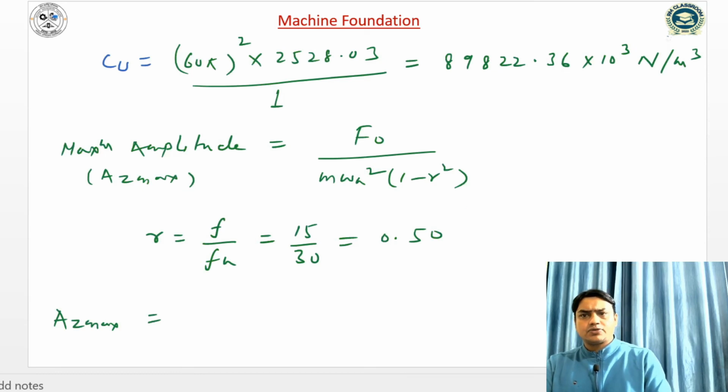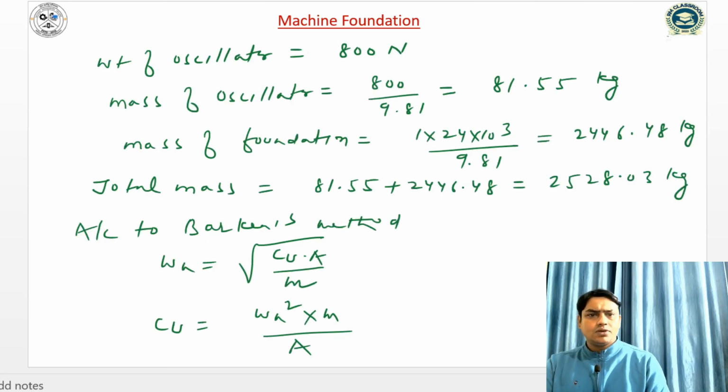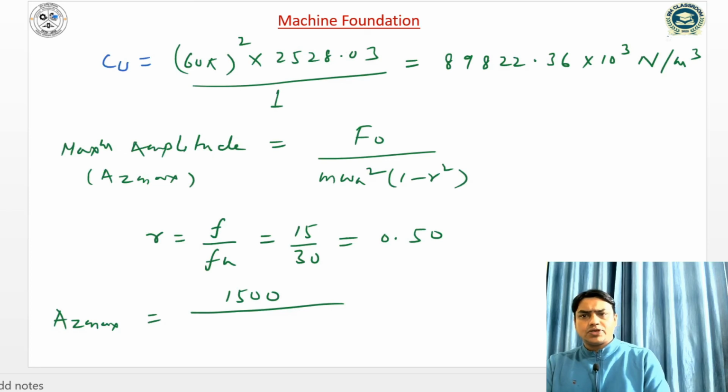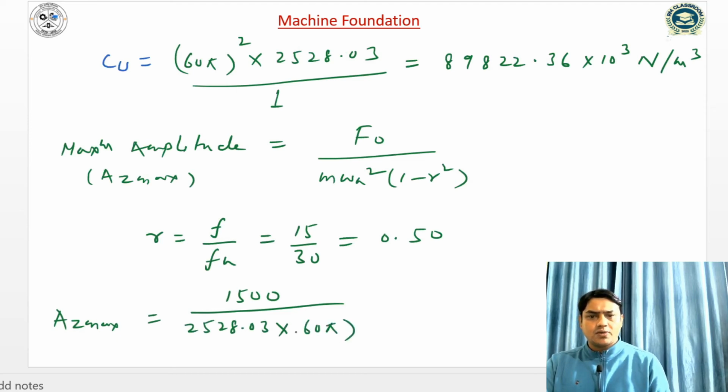So Az max is equal to unbalanced force, which is 1500 Newton. So 1500 divided by mass, 2528.03, into omega n square. So 60 pi whole square into 1 minus 0.5 whole square.